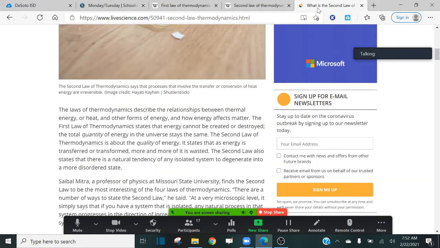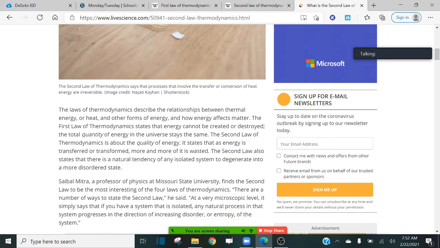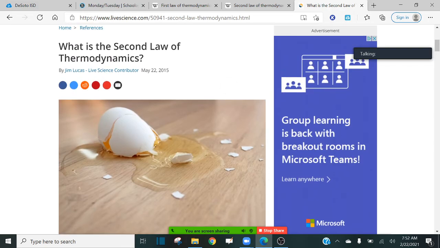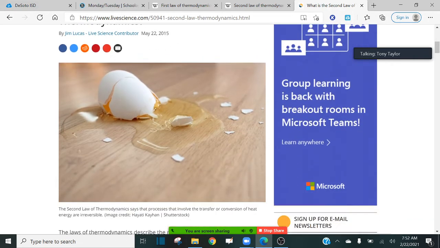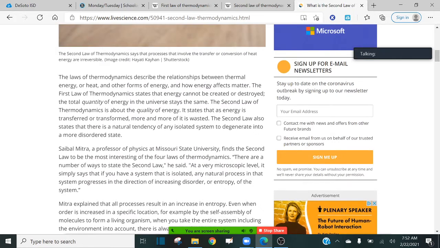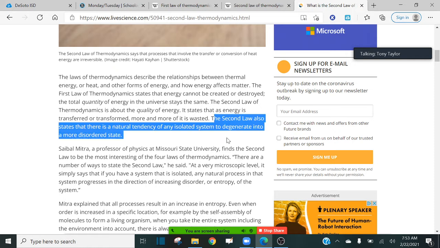The second law of thermodynamics states that there is a natural tendency of an isolated system to degenerate into a more disordered state. In other words, systems tend to become more disordered with time.